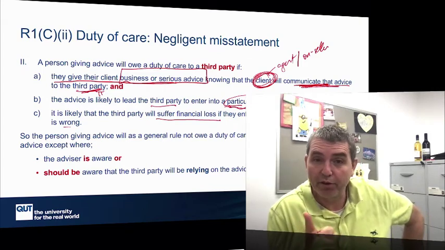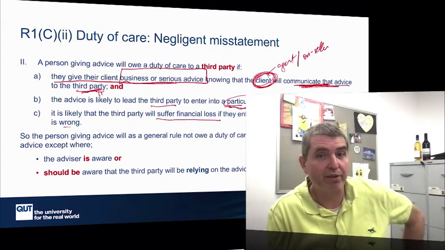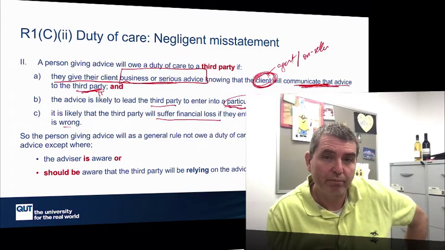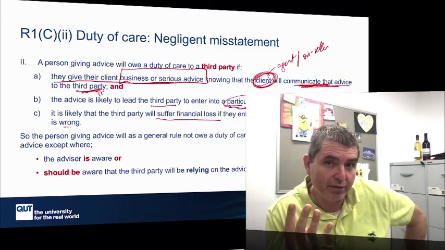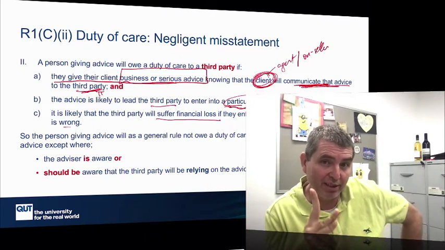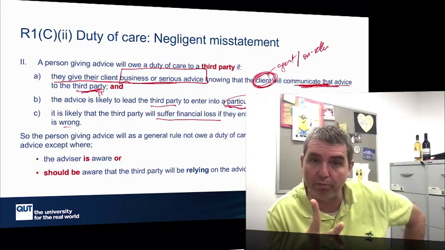We have the test for if it's direct advice, and we have the test for if it's indirect advice. So all up, remember that there are 4 ways that we can owe a duty of care. 2 under negligent misstatement, and 2 for a general act or omission.